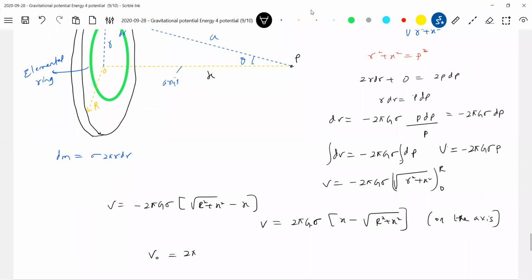It will be 2 pi g into sigma times r, or 2 pi g sigma r. Sigma is what? M by pi r square. So it is 2 g m by r. This is the potential at the center of the disk.